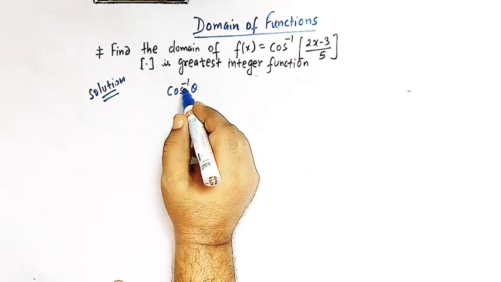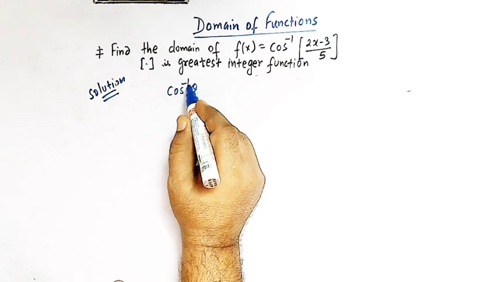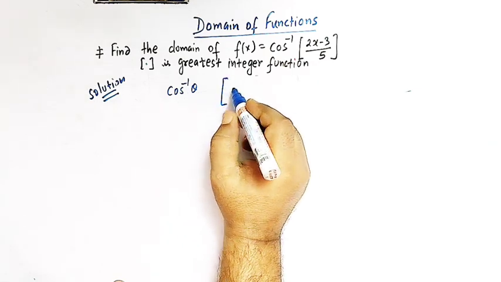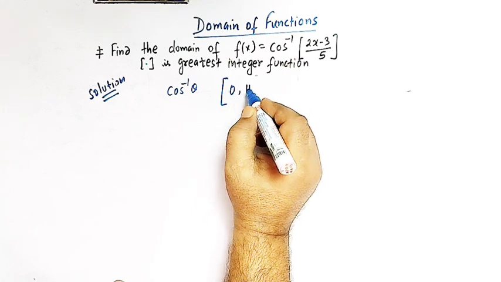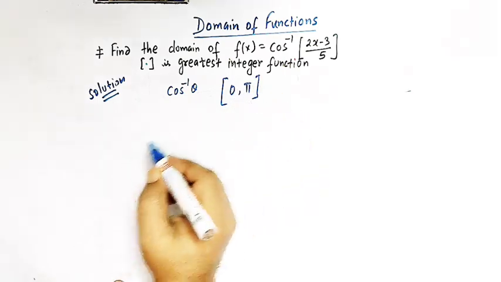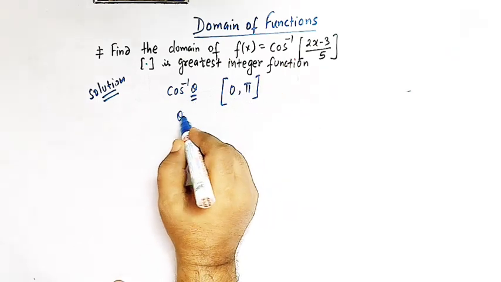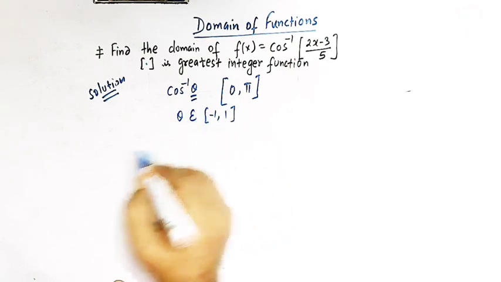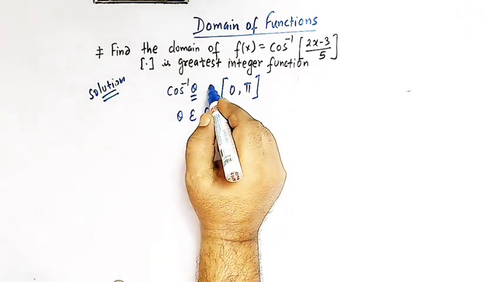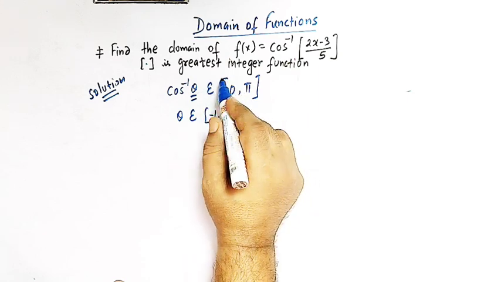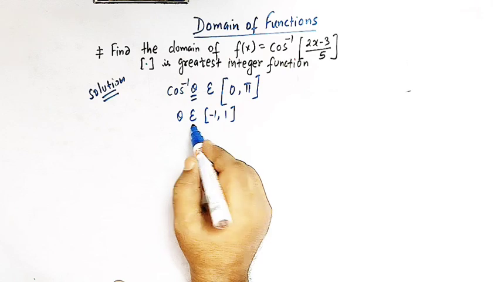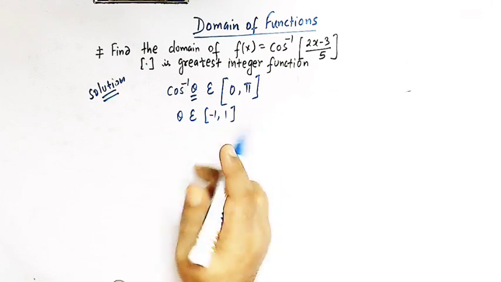Now we know that the range of cos inverse theta belongs to the interval from 0 to pi, right? And here this theta must belong to the interval minus 1 to 1. So cos inverse theta belongs to the interval 0 to pi whenever theta belongs to the interval minus 1 to 1.